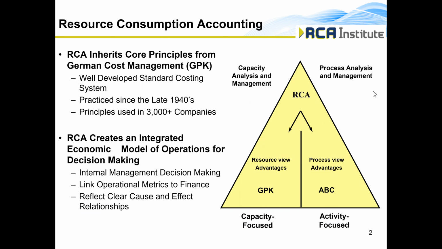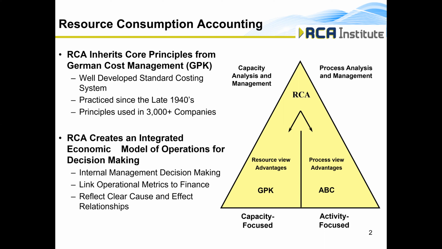Resource consumption accounting is based on German management accounting techniques known as GPK, or Grenzplan Kostenrechnen, and also incorporates the process view when it's valuable of activity-based costing. RCA creates an integrated model of operations for internal decision-making.